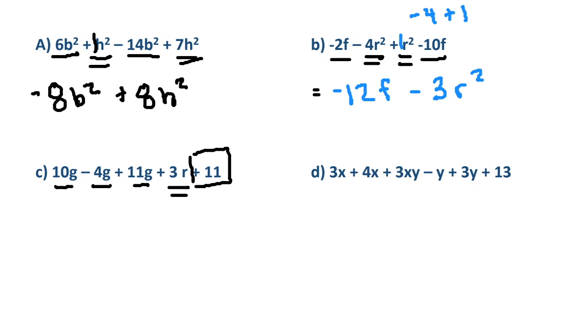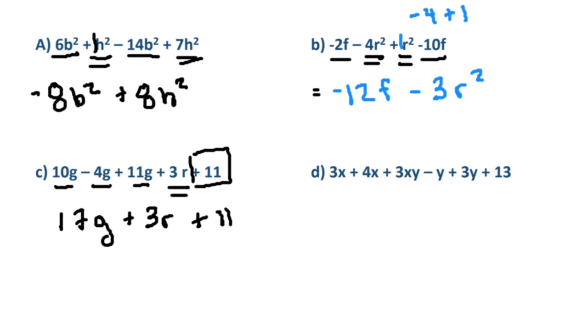So 10 take away 4 gives me a 6, plus 11, that gives me 17G. And then we have plus 3R plus 11. So the G's combine, the R cannot combine with anything, so it just stays as is, and the 11 as well can't combine.